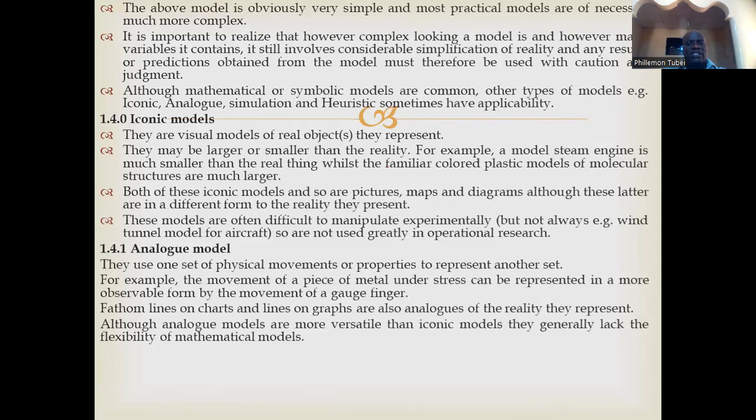So the above model is obviously very simple, and most practical models are of necessity much more complex.